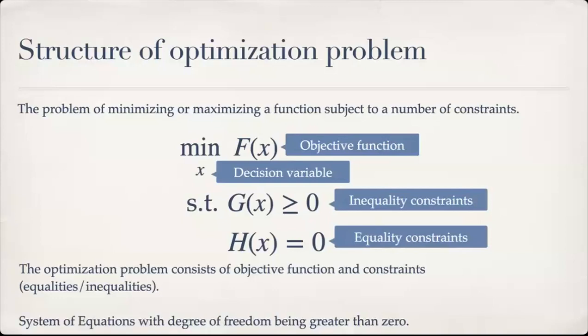And you see that the decision variable also plays an important role here, because the constraints are also functions of decision variables. So when we change the decision variable, it affects the objective function as well as the constraints.